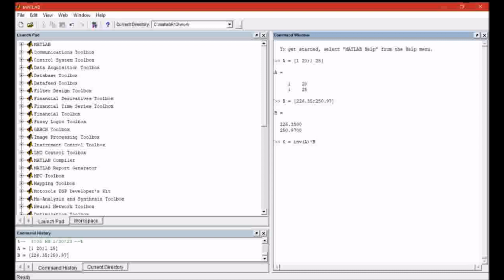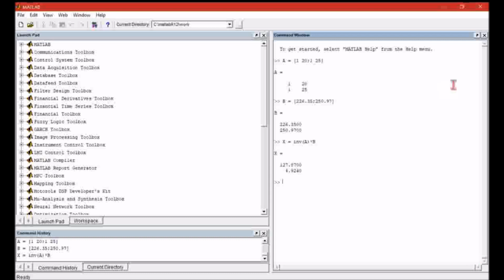So after pressing enter, it will give us the same answer as before. As you can see, and you can double check it, it is 127.87 and 4.9240.